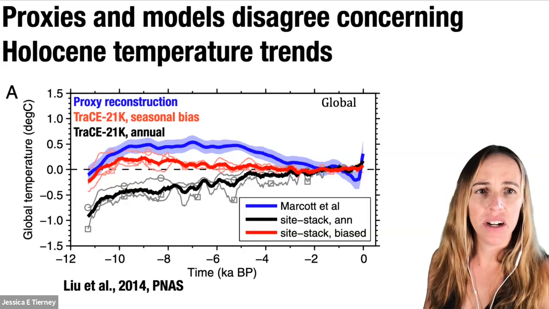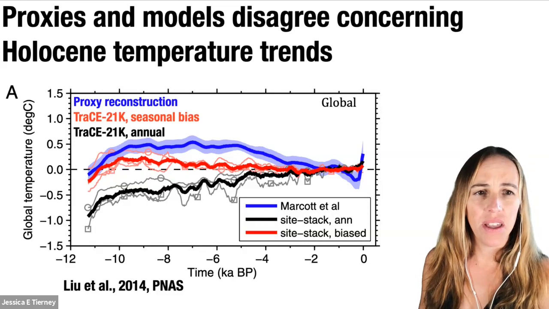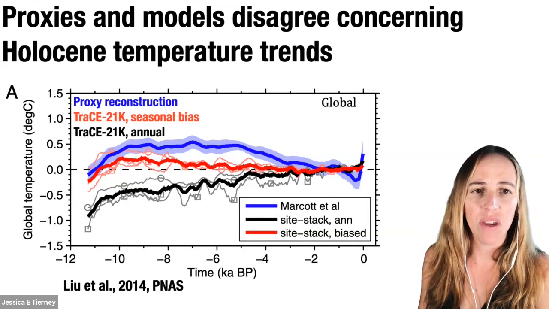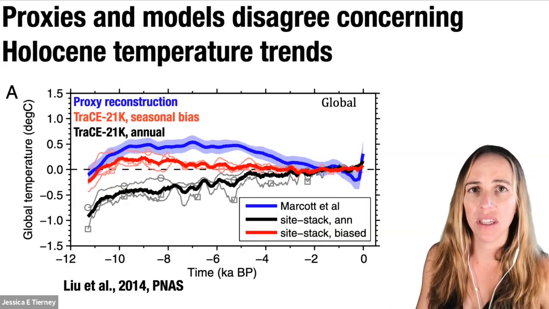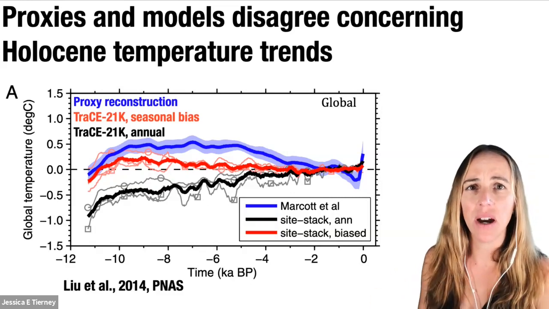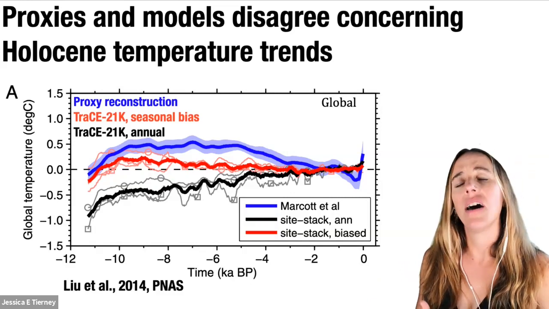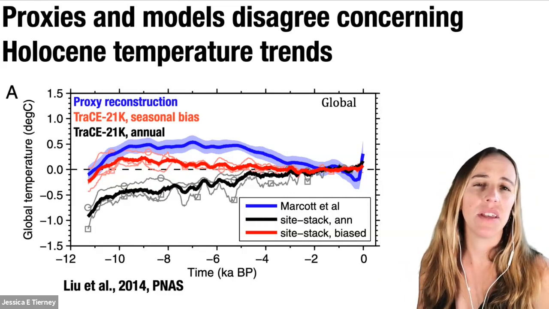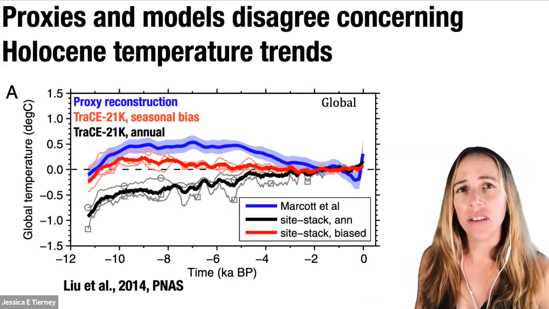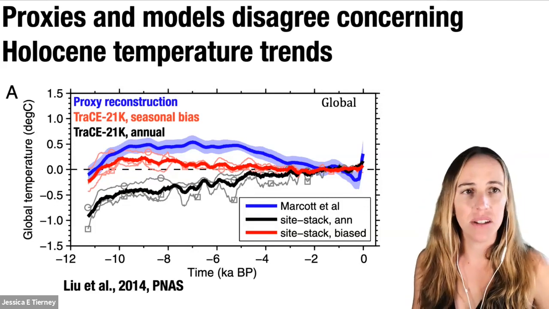And that's compared here with the proxy reconstruction of Marcott et al. in blue, as well as an assumption of seasonal bias, just assuming that many of the proxies are summer biased, and what you would get from TraCE-21K. The takeaway is that these lines don't actually match. The proxies and the model predictions disagree, one showing that the Holocene cooled from about 7,000 years ago, and the other suggesting that it warmed. So this is what's called the Holocene temperature conundrum, and we'll revisit it a little bit later in my talk.